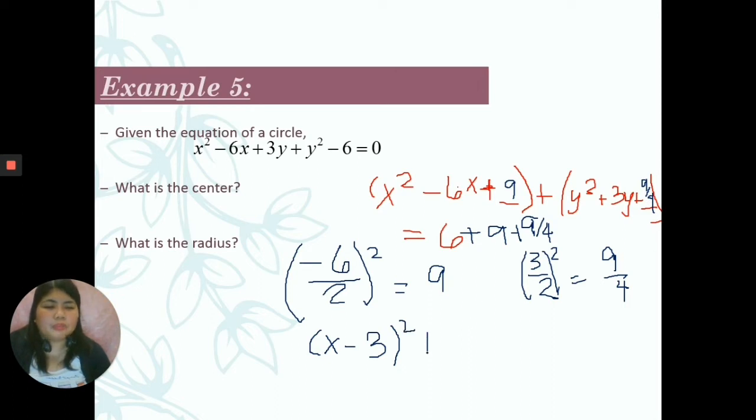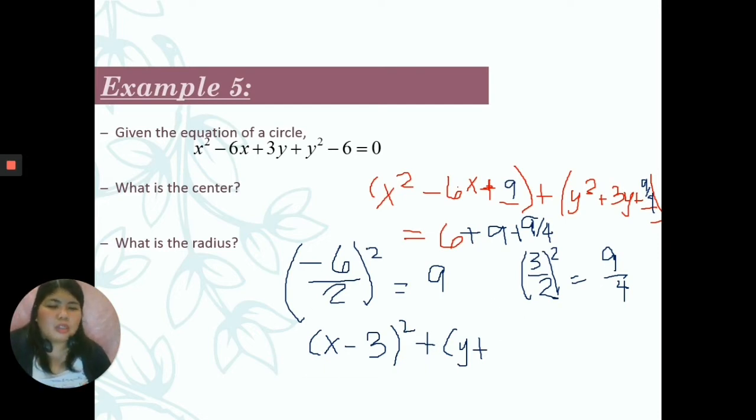plus this one. Get the square root of y squared, that would be y. Then the square root of 9 over 4.